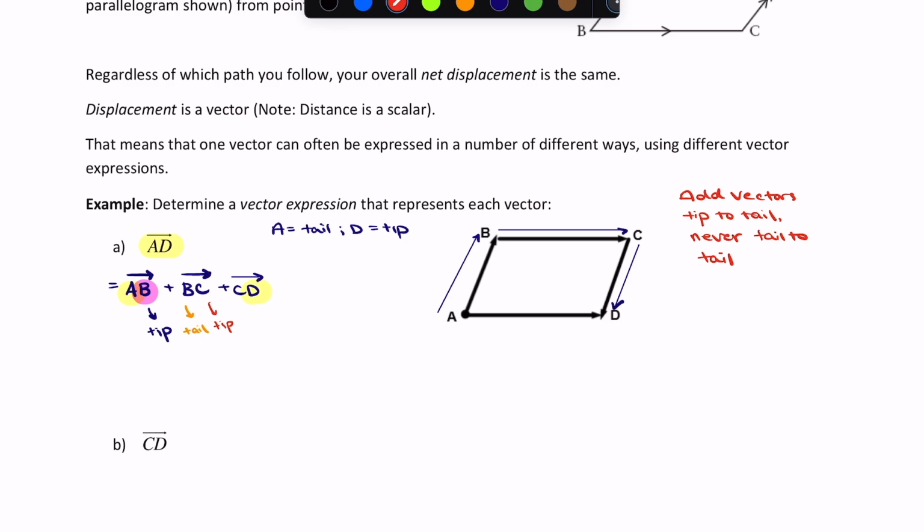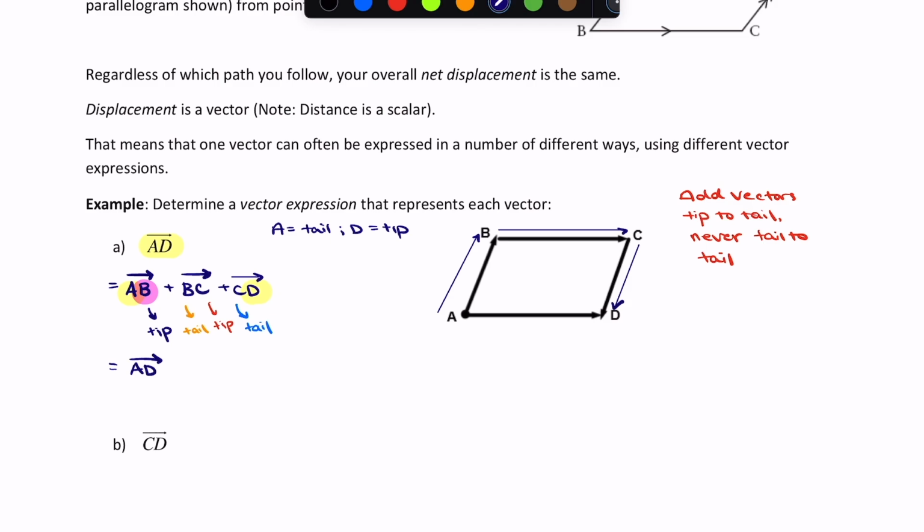And then in vector CD, again, our C value becomes the tail. So here we see that the sum of the vectors, vector AB plus vector BC plus vector CD, will give us vector AD.